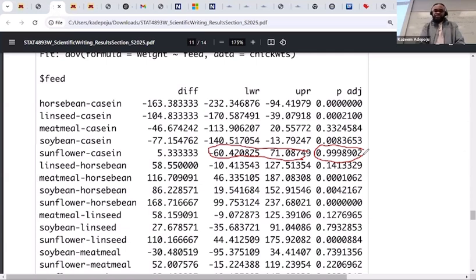What that is telling you is, even though I know there's a difference, you can see the magnitude of the difference, even though I know there's a difference between the weights given by the sunflower and that, that difference is not statistically significant. That's what I mean. Does that make sense? So take a look at that.